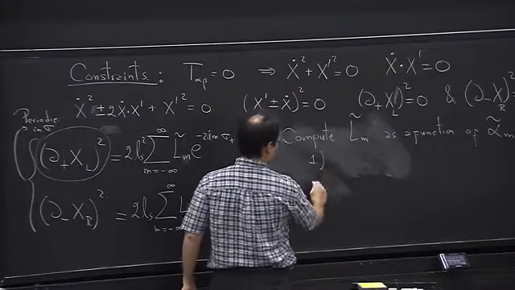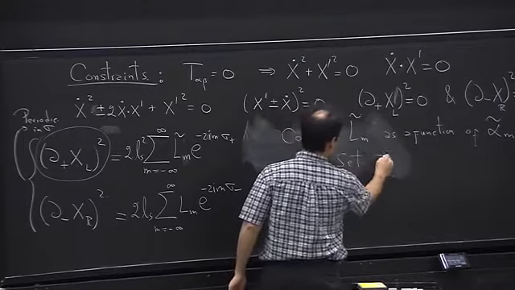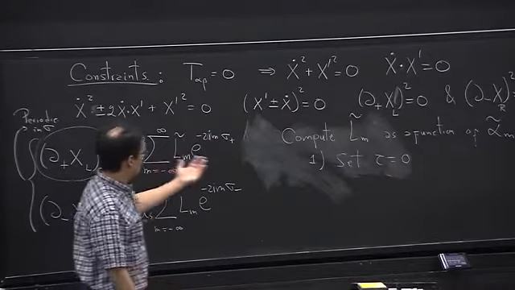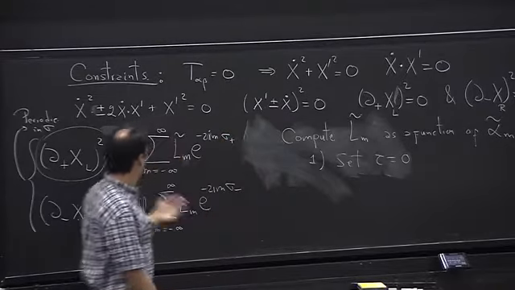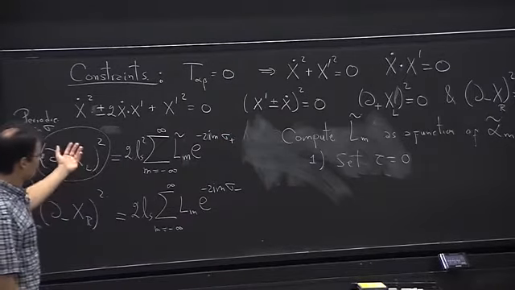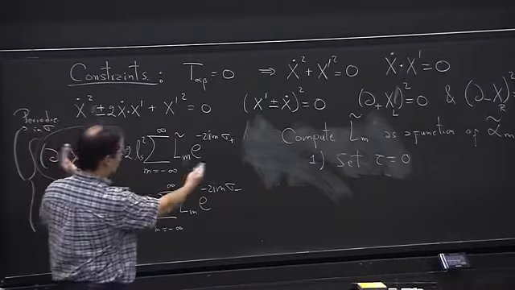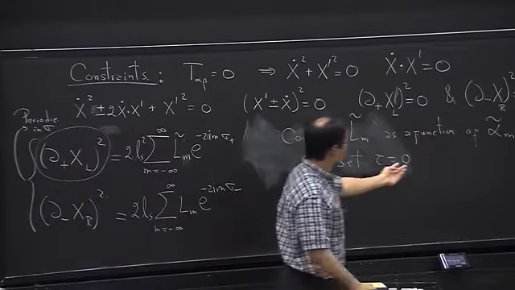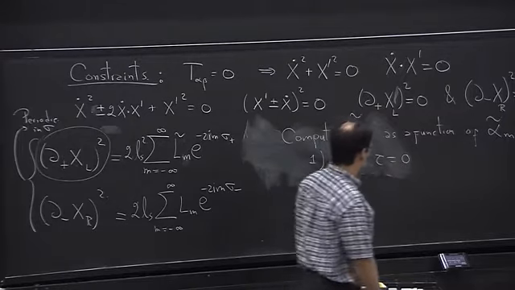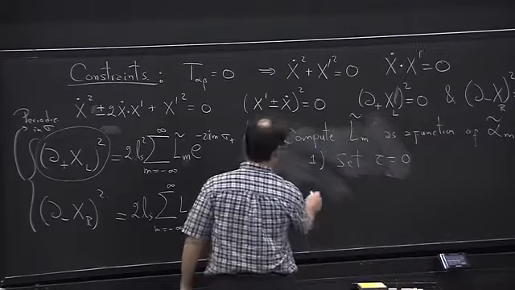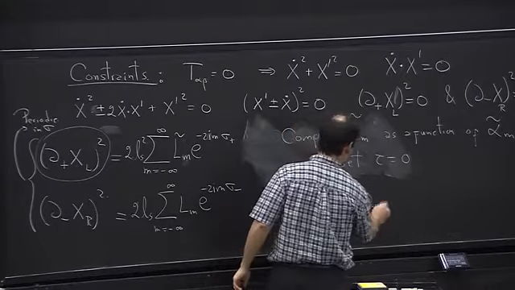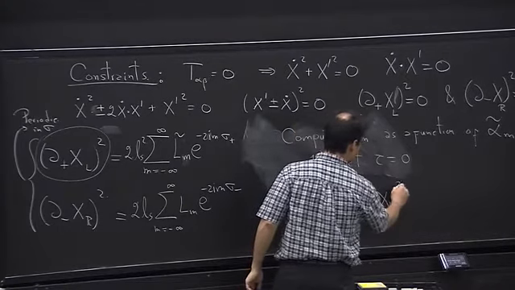So the first thing is to set tau equals to 0, right? All the tau dependencies here and in the corresponding factors inside here. So whatever relation we're going to get should be true for any tau. In particular, we can set tau to 0. So that would be convenient. The next step is to carry out the following integration.